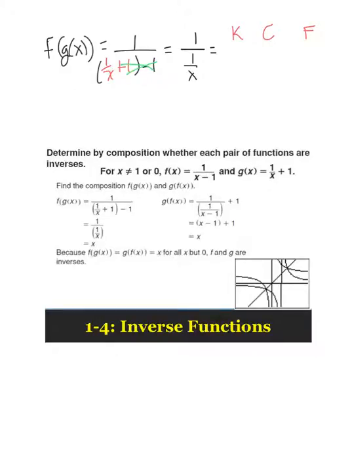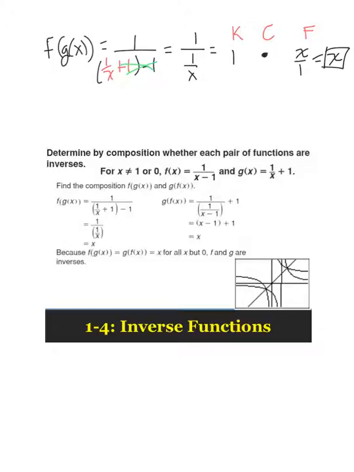Looks like KFC, but the C and the F are in the wrong order. So I'm going to keep my 1, which is the numerator, change division to multiplication, and take the reciprocal of 1 over x. So 1 times 1 over x joyfully is x. So f of g of x is x.